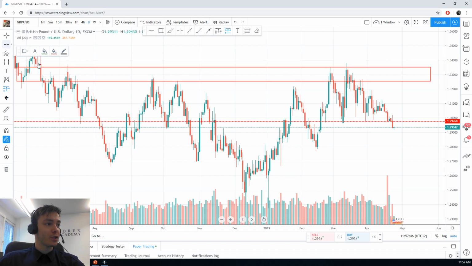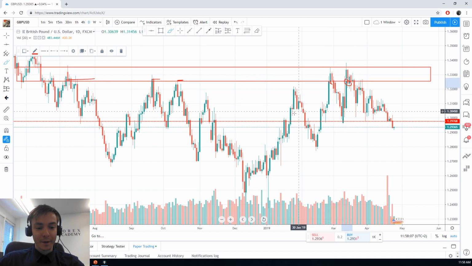If you open a position closer to the bottom of this resistance, for example here, or here, or here, it means that you need to use a bigger stop loss. Otherwise, you risk being kicked out of the position by the market.